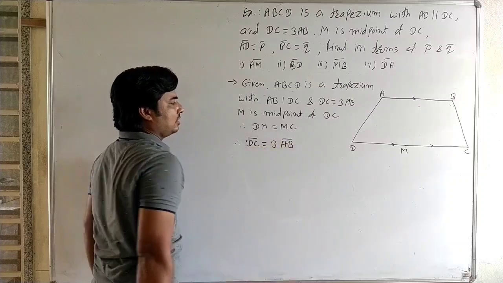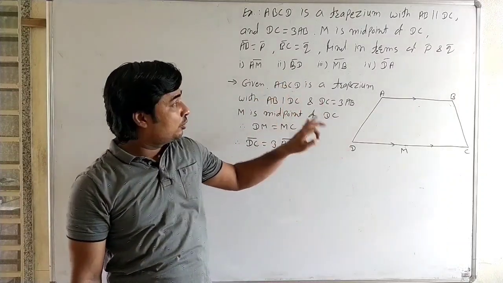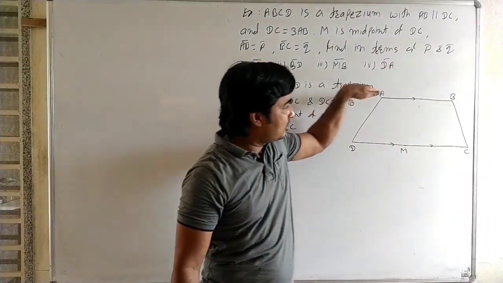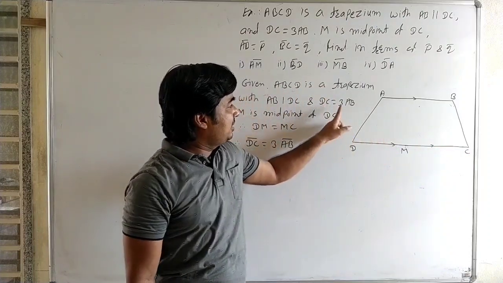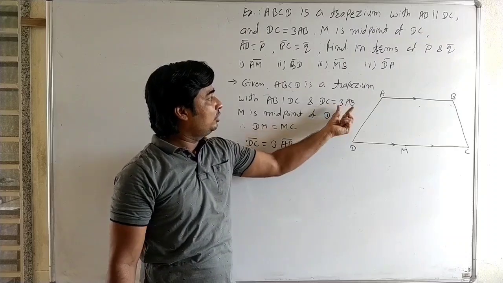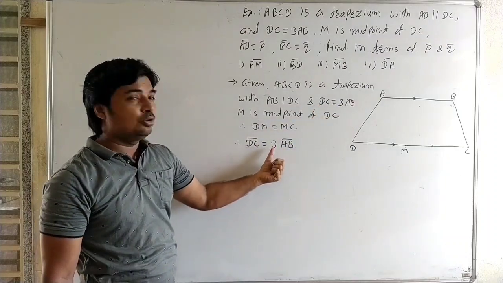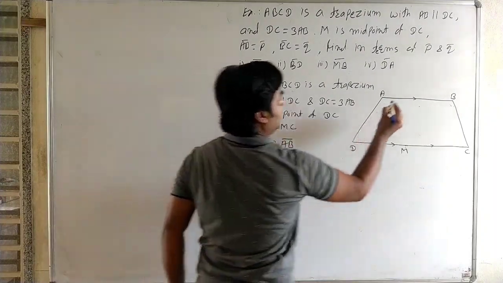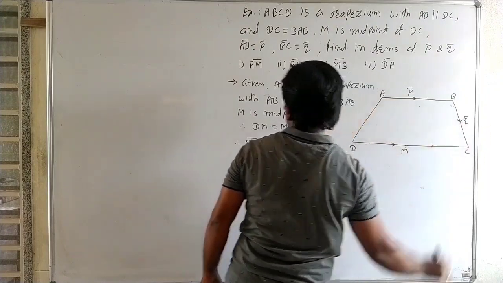If vectors are equal, then their magnitude and direction are both the same. Here DC is equal to 3 into AB, the same magnitude with a scalar multiple. Vector AB is given as P bar, and vector BC is Q bar.